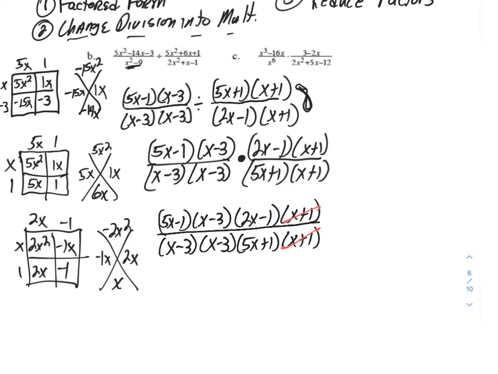Well, those reduce, and that is it. Now this is a positive 1, and that's a minus 1, so they're not going to reduce. Oops, I got a mistake back there. Hang on.